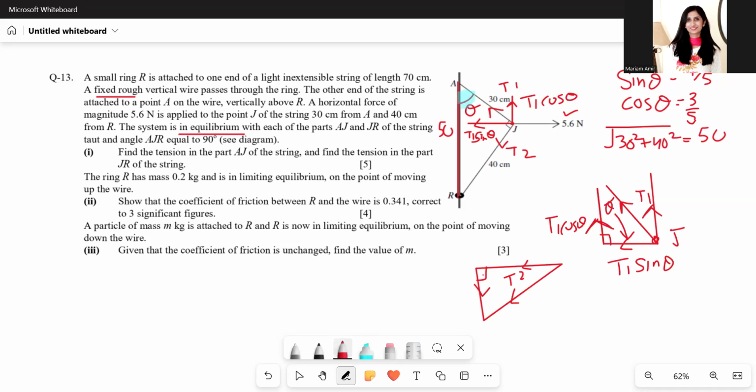This is 90, and where would this theta go? This angle here is going to be 180 minus 90 minus theta, meaning it would be 90 minus theta.